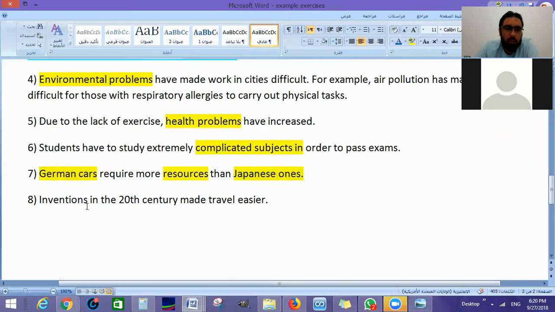For instance, sedentary lifestyle. So we're doing number 5, yeah? Yep. For instance, sedentary lifestyle. I couldn't hear that.